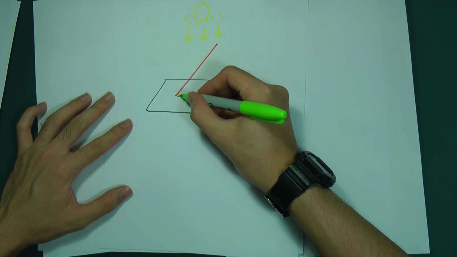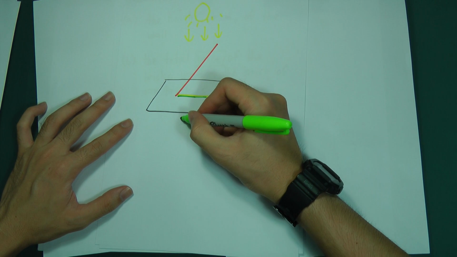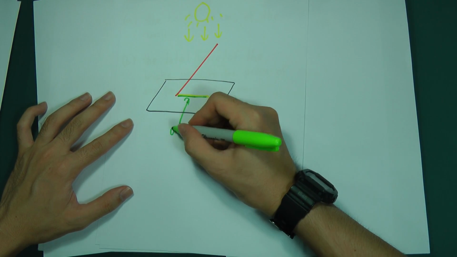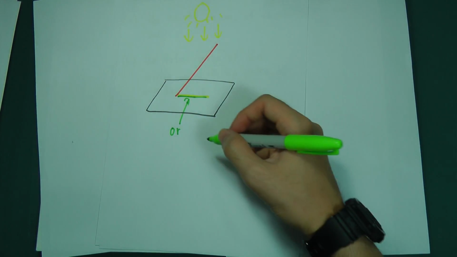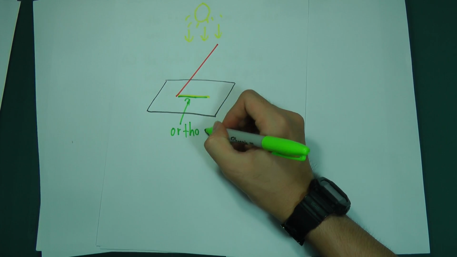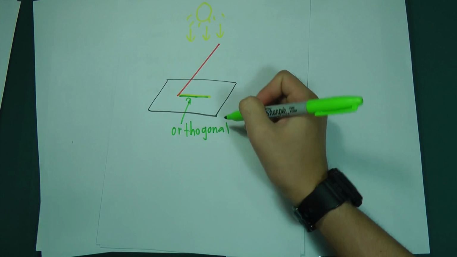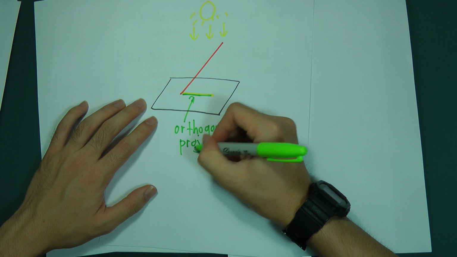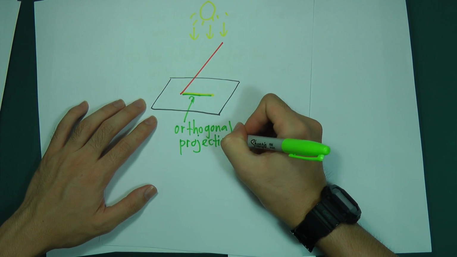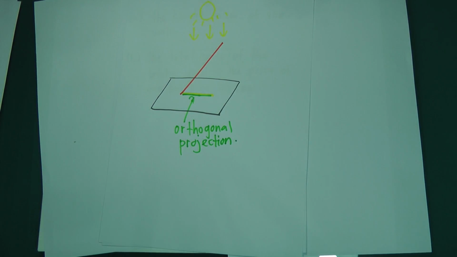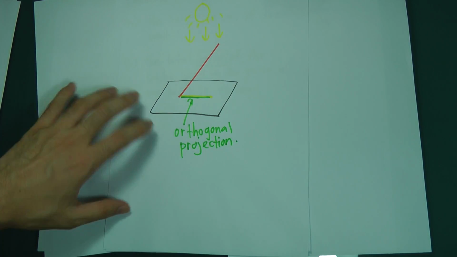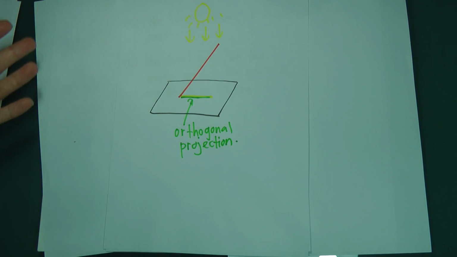This shadow has a name. They call it orthogonal projection. If you can understand this line, it can help you solve almost 50% of the questions.